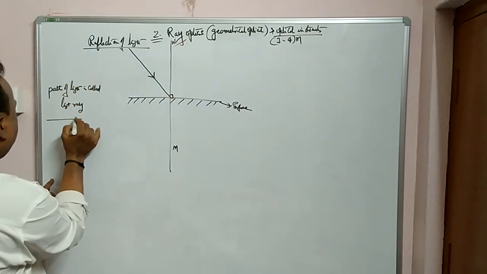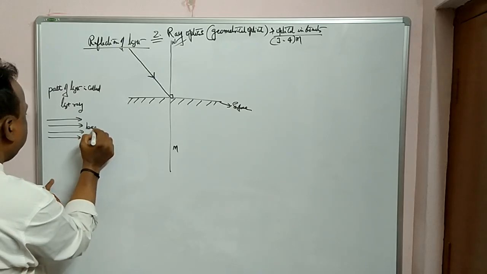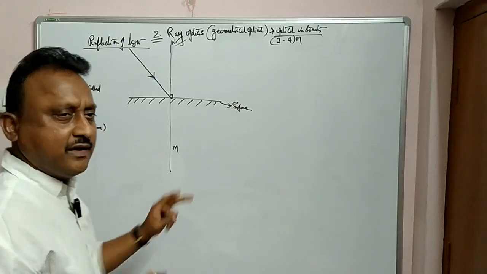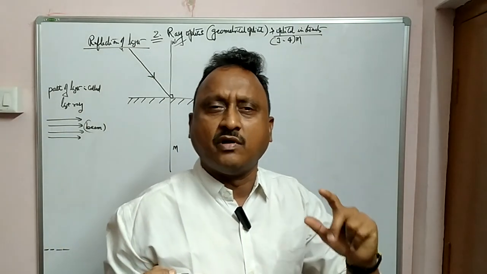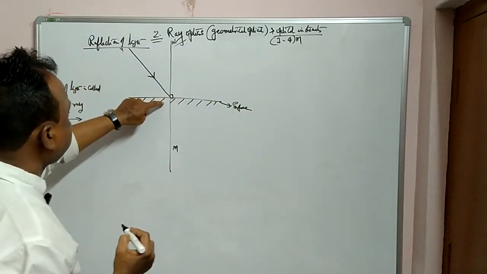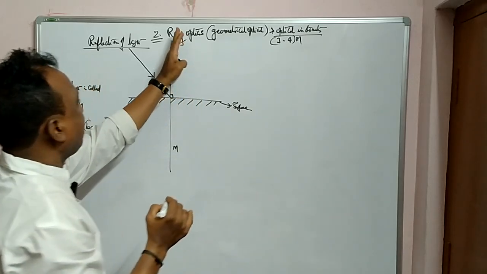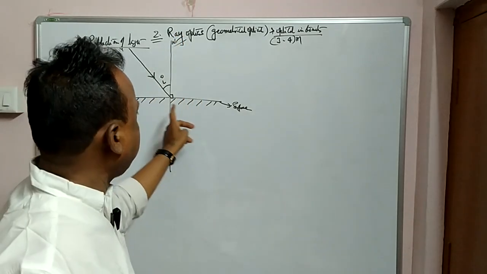When a group of light rays is coming, it is called a beam of light. So a light ray means the path of light. Now it is incident, and this is called the incident angle i, always measured with the normal, not with the surface.